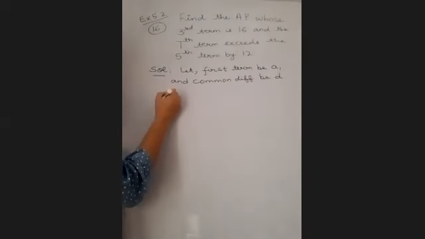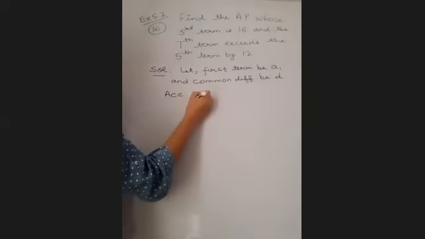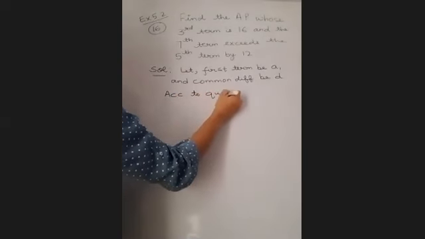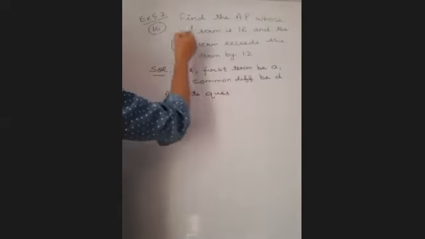Now we have defined the first term and the common difference. Now the next thing that we are going to do is, according to the question, I am taking the second part first. Seventh term exceeds the fifth term by 12.